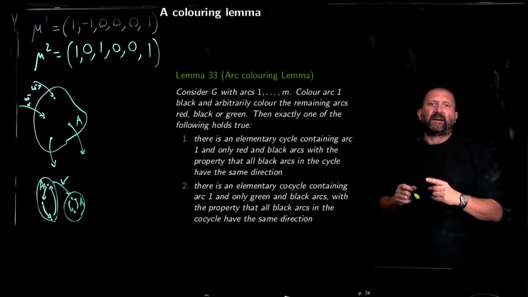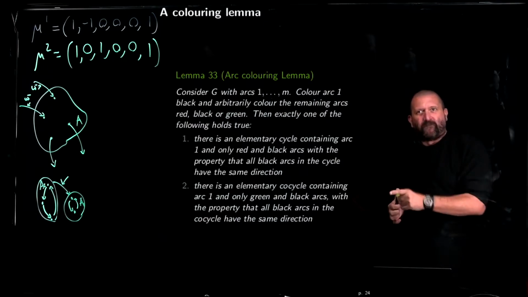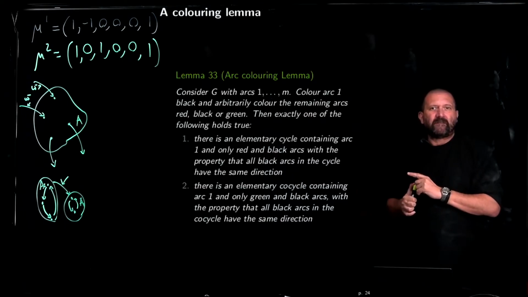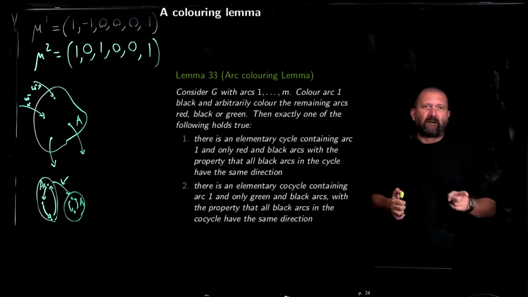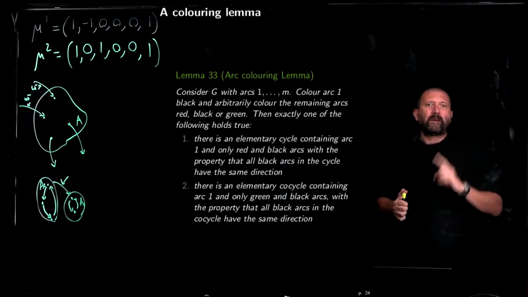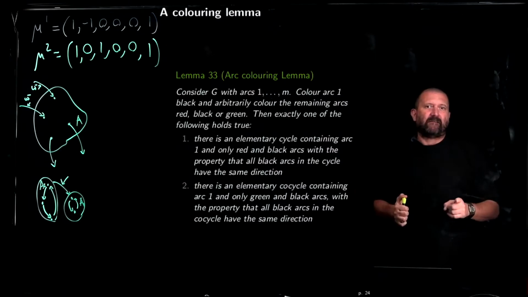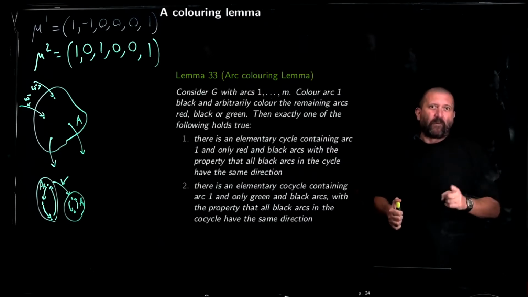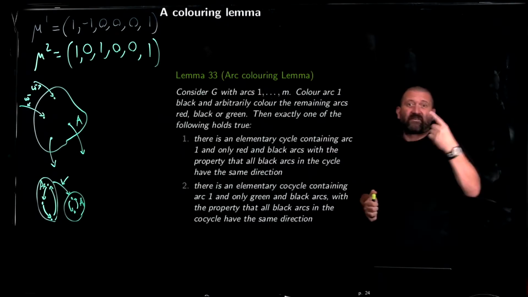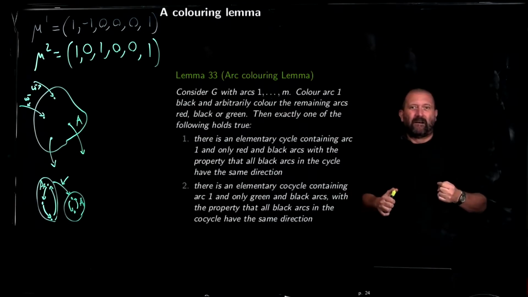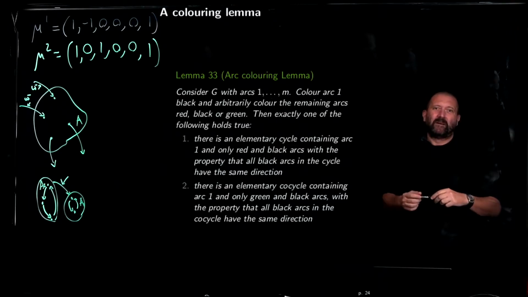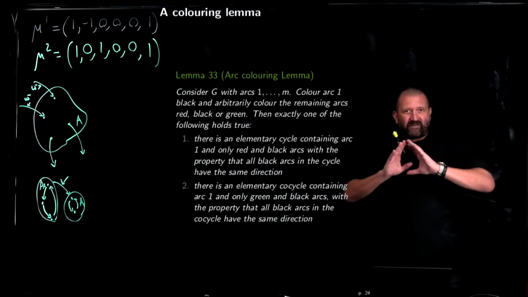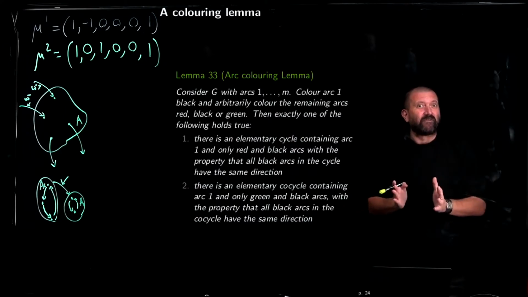I can either find an elementary cycle that contains the first arc that I colored black, okay, arc 1, and the remaining arcs in that cycle are only going to be red and black, with the property that the arcs that are painted black all have the same direction. Or, so this is an exclusive or.